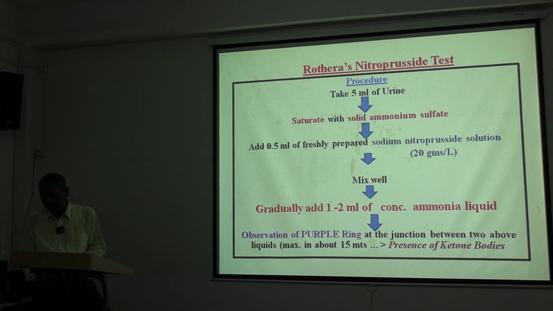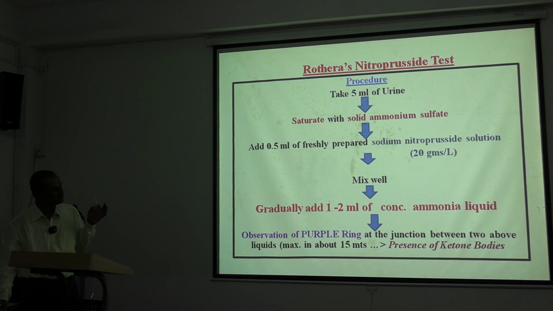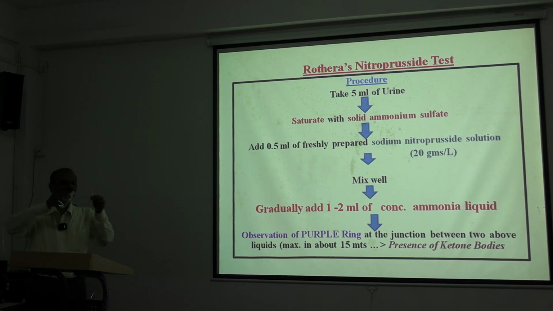And this is a tricky thing. Now gradually you have to add 1 to 2 ml of liquor ammonia. Liquor ammonia will be provided to you. You must add it along the side very carefully, like this.